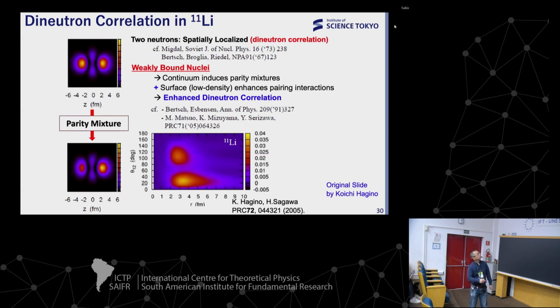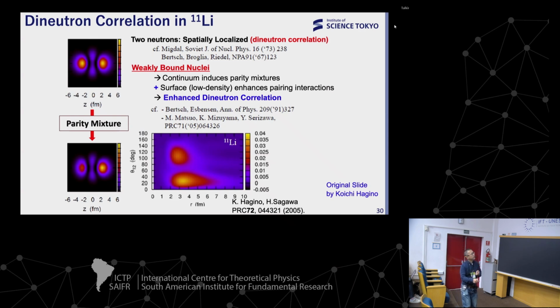So the dineutron correlation. This is a slide from Hagino-san, the theoretician. He explained it like this. I already explained that parity mixture is very important. This is the calculation when parity is not mixed, but when parity is mixed, some polarization occurs like this.